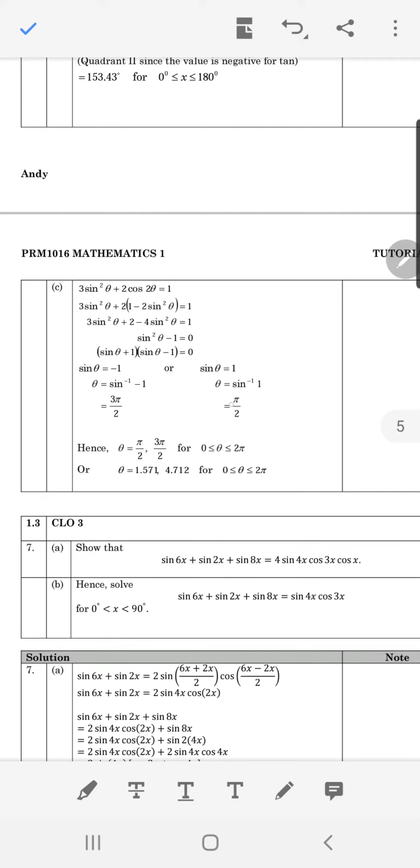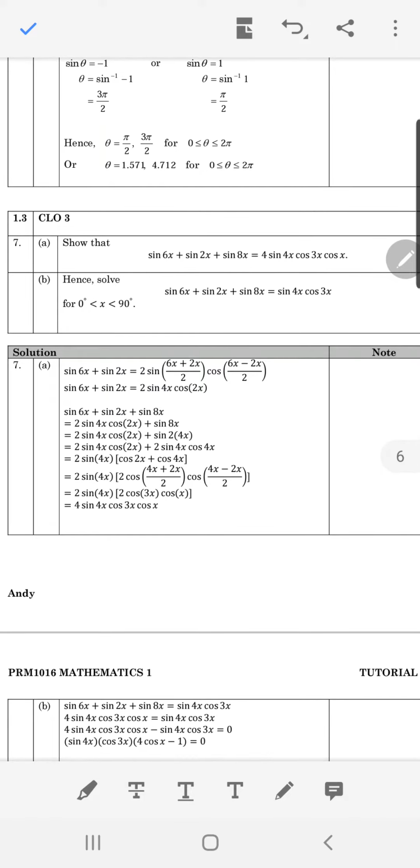For sin theta equal to 1, you have 90 degrees, which is pi over 2, and also 3 pi over 2. You can also change the pi to a decimal number, so you can test every angle. So you will get pi over 2 and 3 pi over 2.